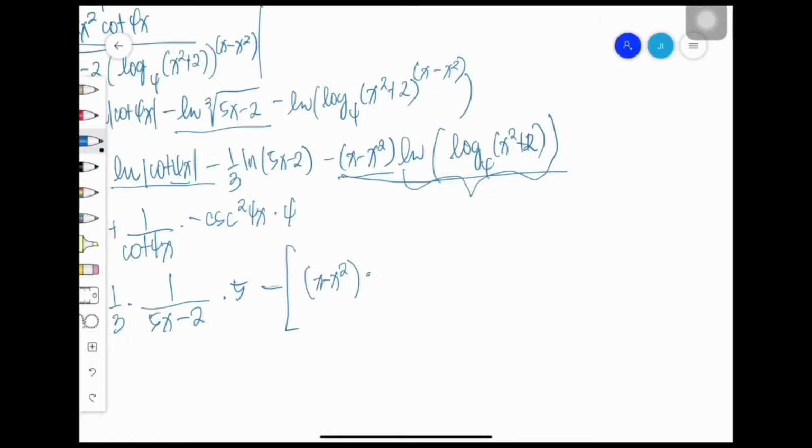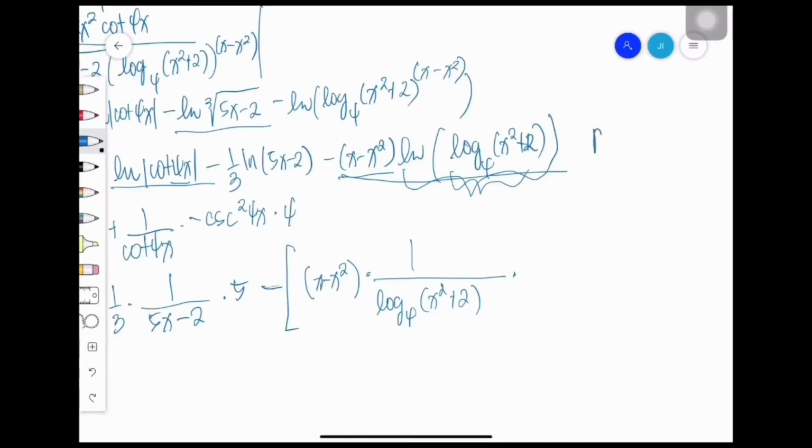We have derivative of ln is 1 over what's inside, logarithm of x squared plus 2 base 4, right? Then we need to multiply it with the derivative of the next inner function, and the next inner function is the logarithm of x squared plus 2 base 4.